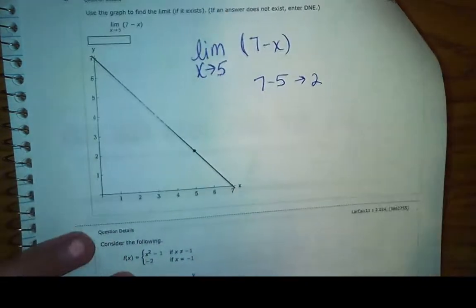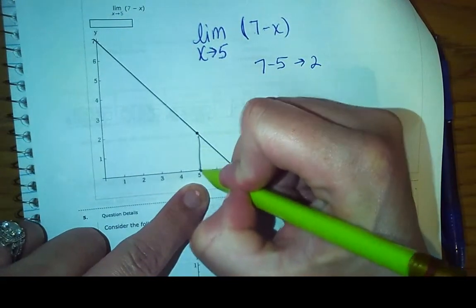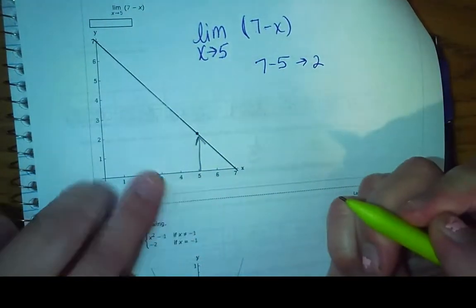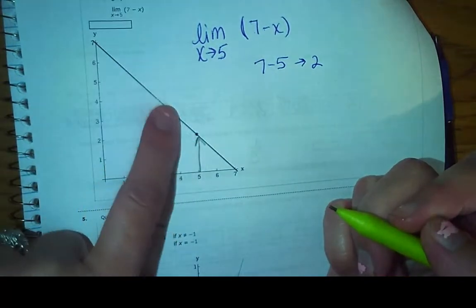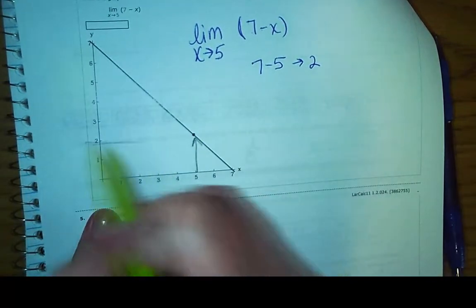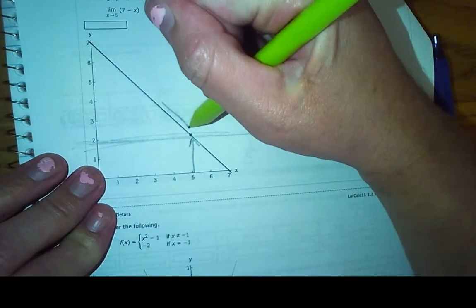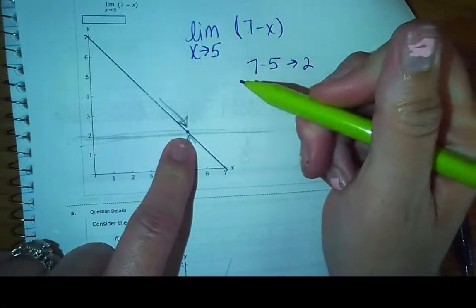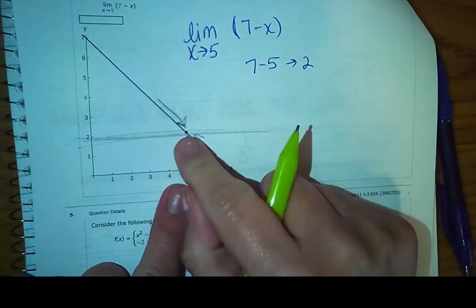Now, if you look at this, your target is an x value of 5. So I'm going to creep at it from the left, getting really, really close from the left. What y value are you creeping up to as I approach from the left? Well, I'm creeping up to a y value of 2. What about as I creep at it from the right? Well, I'm creeping up to 2.